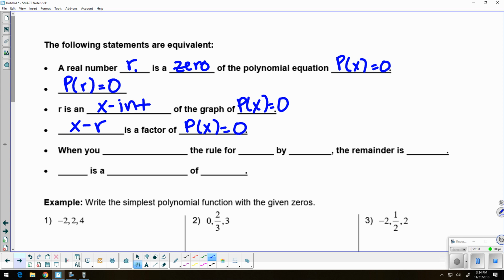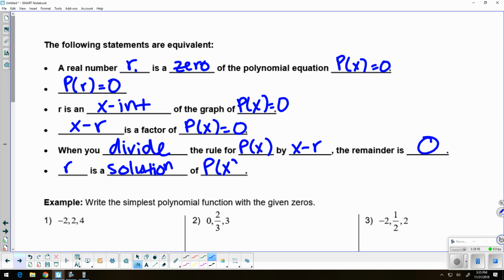On this next one, when you divide the rule for p of x by x minus r, the remainder is 0. And it should be, so to prove that it's a root, the remainder should be 0. The last one says that r is a solution of p of x equals 0. So again, these all mean the same thing, just in different ways.